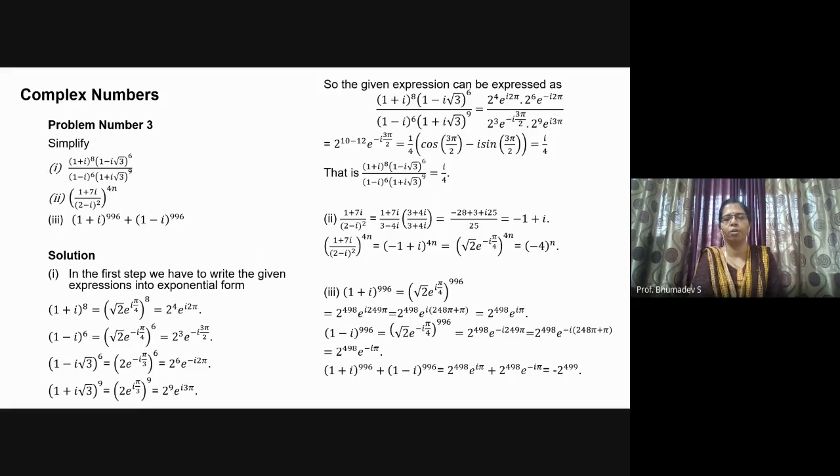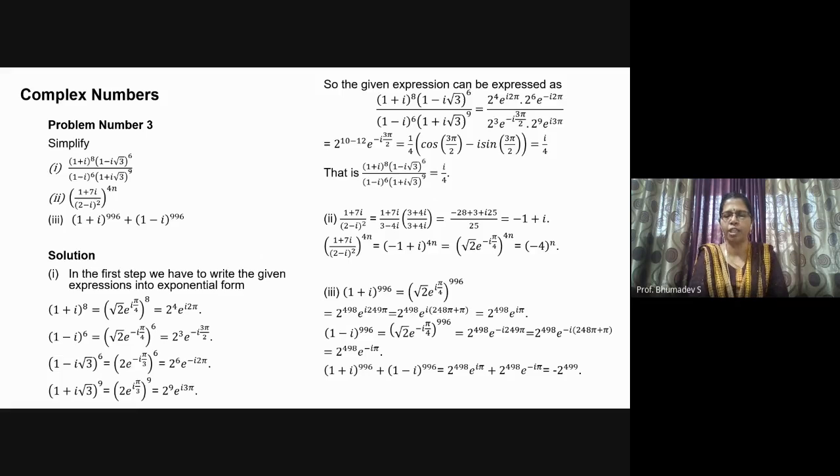Now we are supposed to add them together. So 2 to the power of 498 you can take as a common factor. Then within the bracket, e raised to i pi plus e raised to minus i pi will be there, which can be written as twice of cos pi.